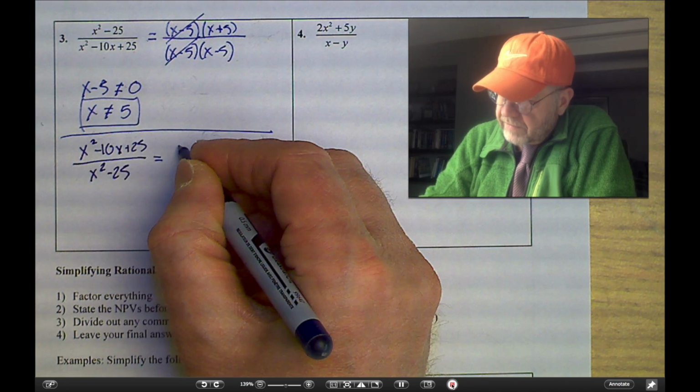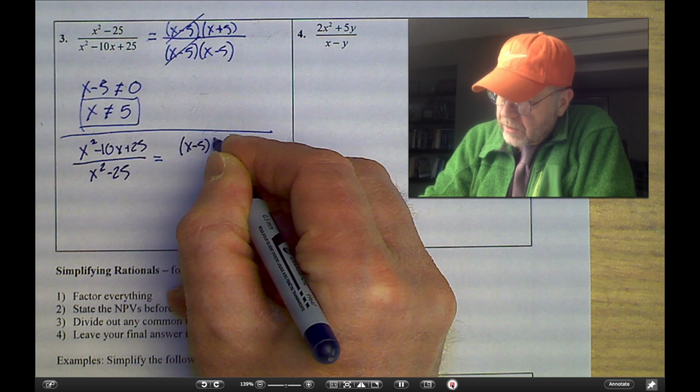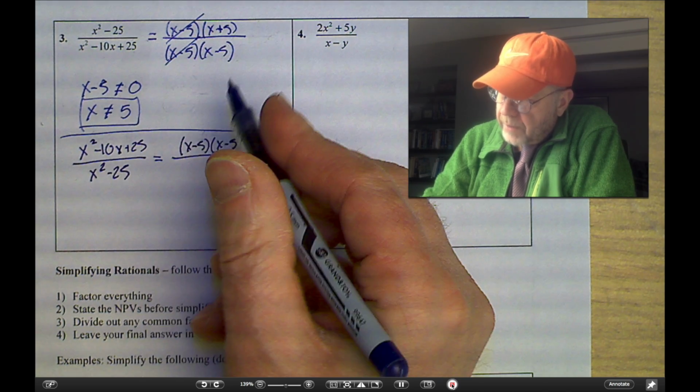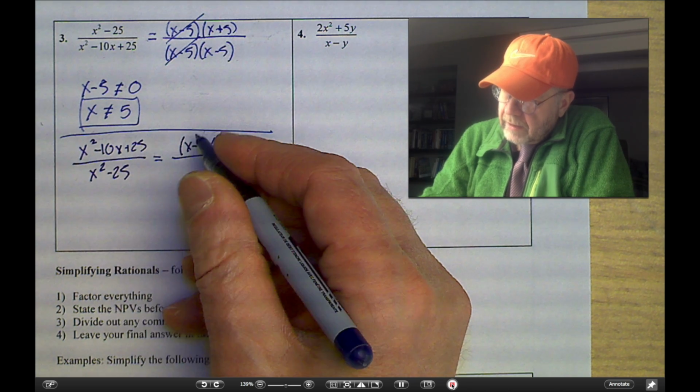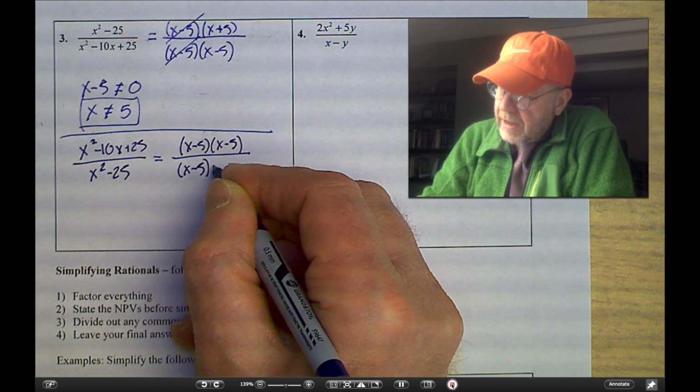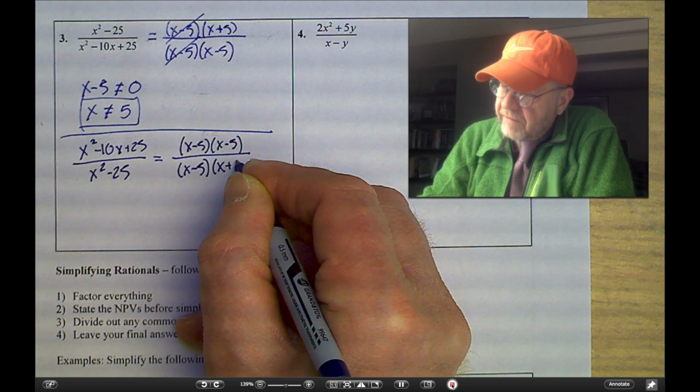Well, instead of x minus 5 quantity squared on the bottom, you get x minus 5 quantity squared on the top. And on the bottom, you would get x minus 5 times x plus 5.